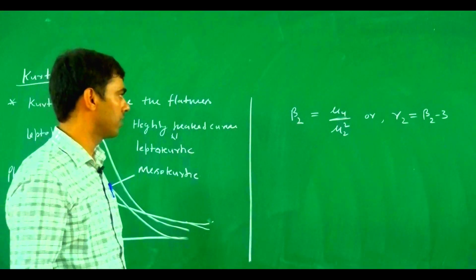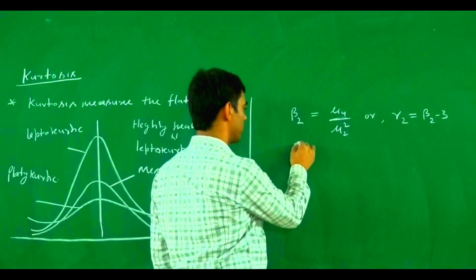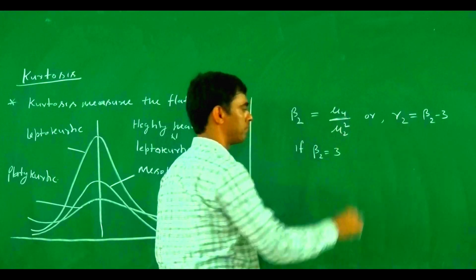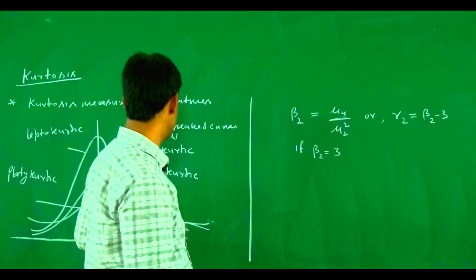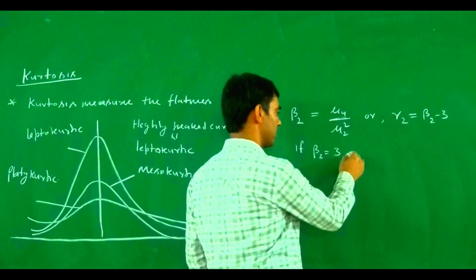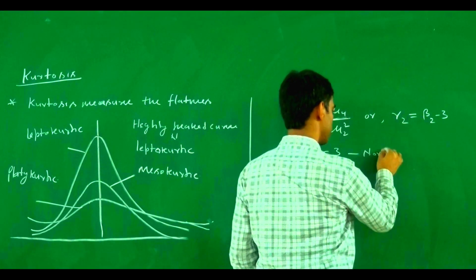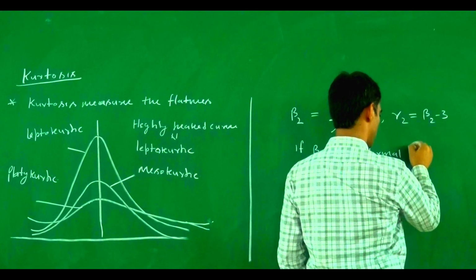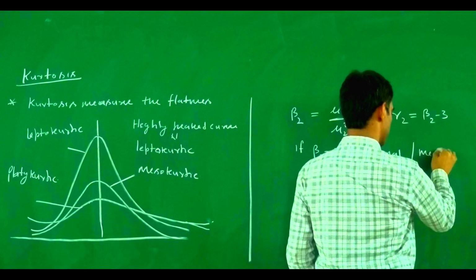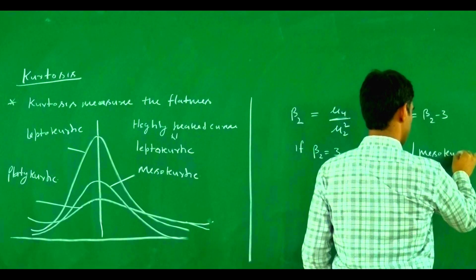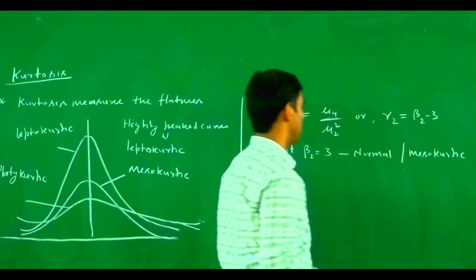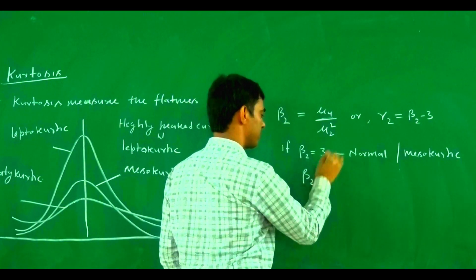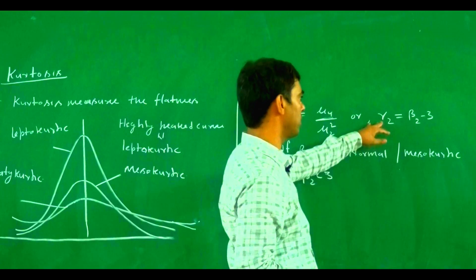He says that if the value of beta 2 equals 3, then this is a normal curve, or mesokurtic.